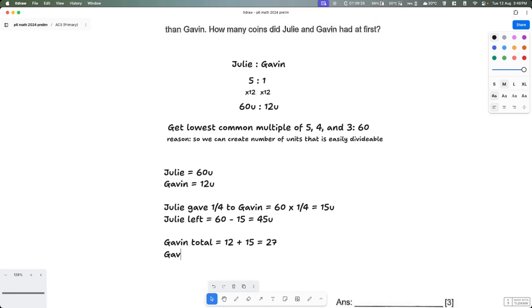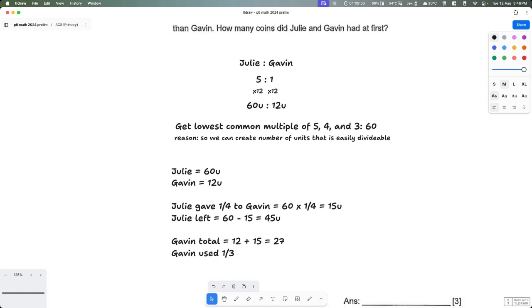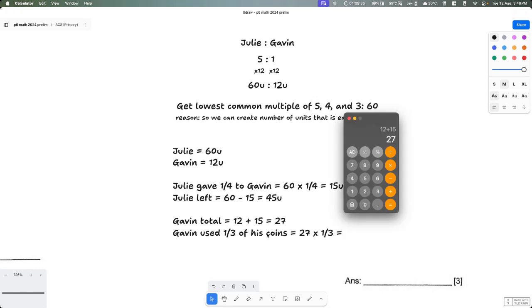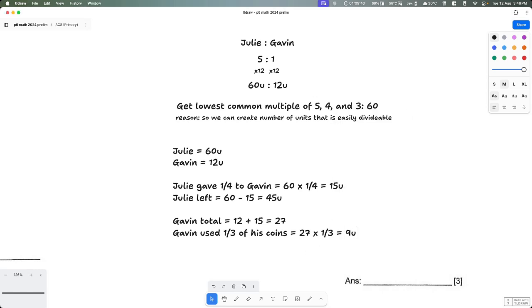So Gavin used one third of his coins, which is equal to 27 times 1 over 3, which is 9 units. So that means Gavin left is equal to 27 minus 9, which is equal to 18 units.